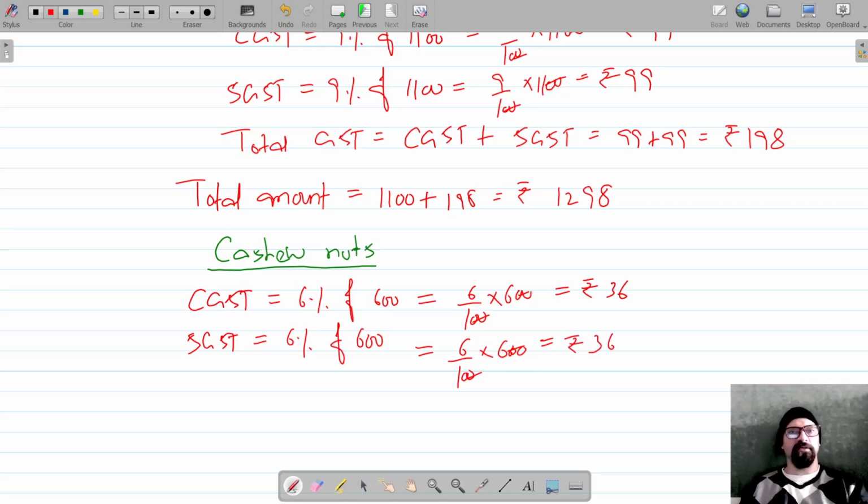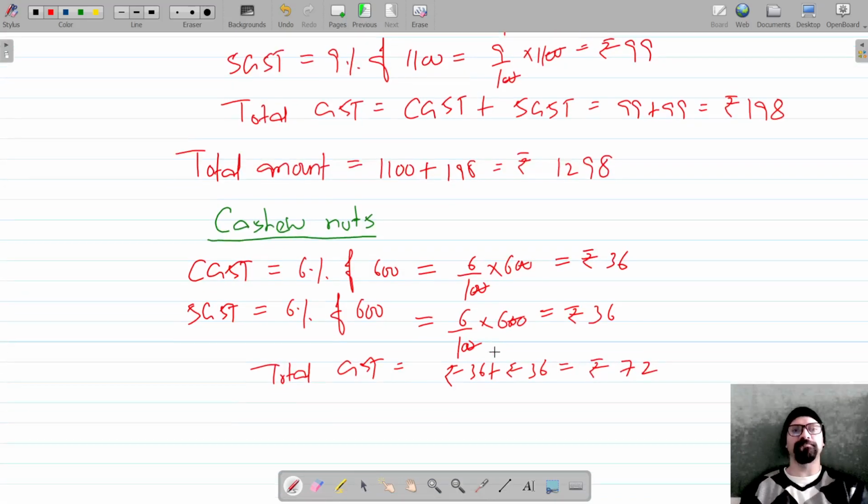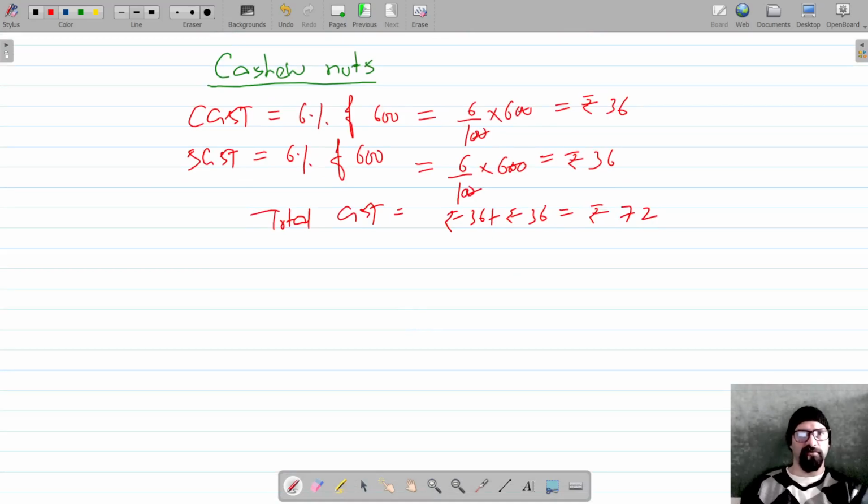Now let's get the total GST and total amount. So total GST here is rupees 36 plus rupees 36, which is equal to rupees 72. That's for the cashew nuts.